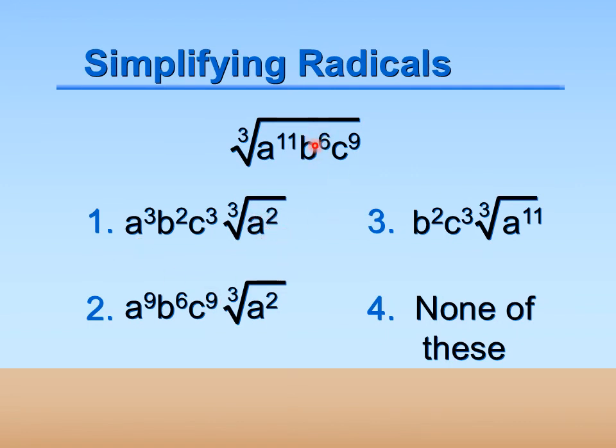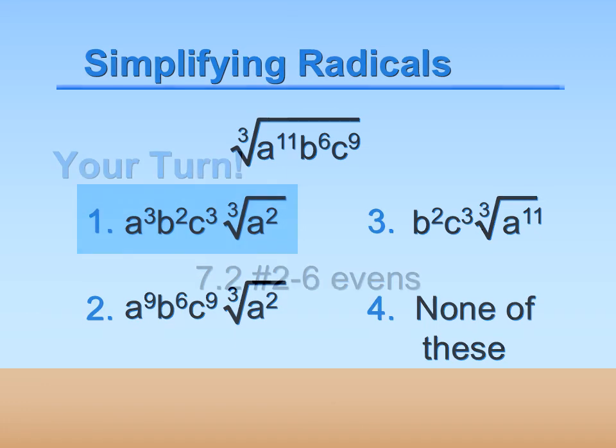Now b to the 6th is going to give us 2 groups of b to the 3rd, so we're going to pull out a b squared. C to the 9th is going to give us 3 groups of c to the 3rd, so we're going to pull out a c to the 3rd. Okay, and so that leaves us with our answer.